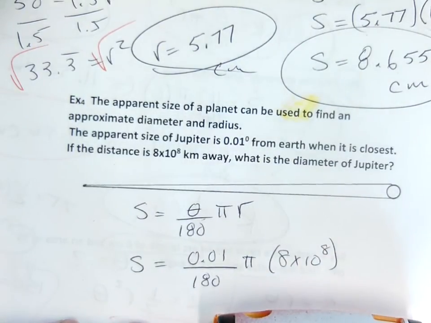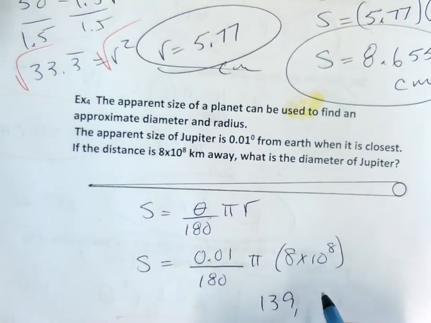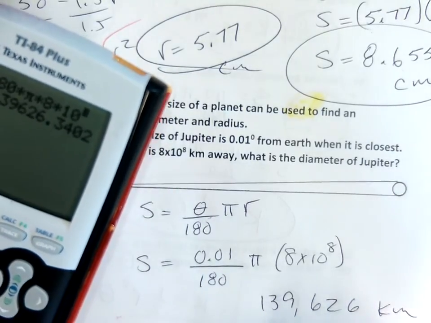Let's see what the size of it is. 0.01 divided by 180 times pi times 8 times 10 to the 8th power. So I've got about 139,626 kilometers for the diameter.